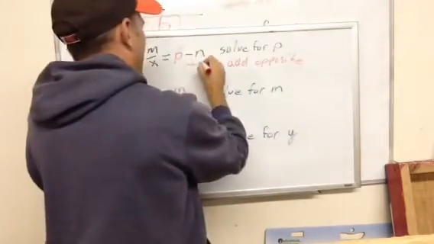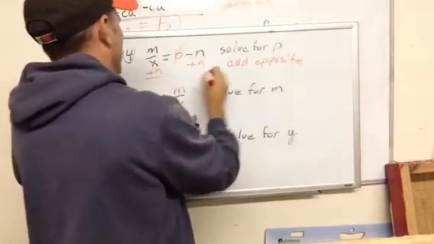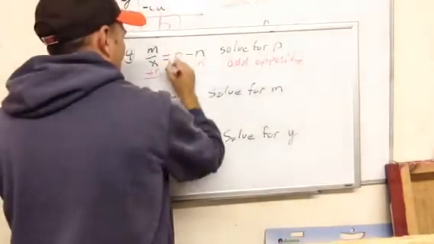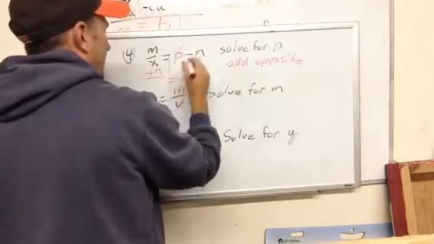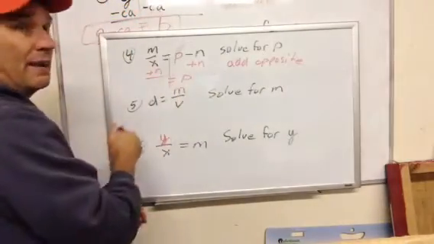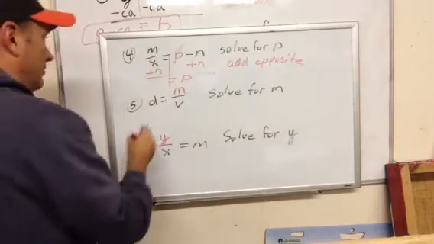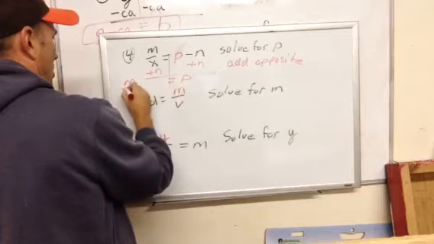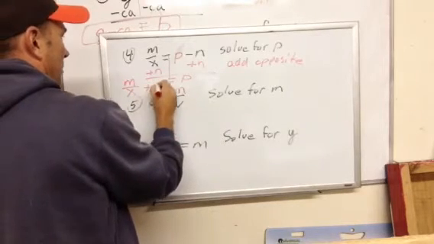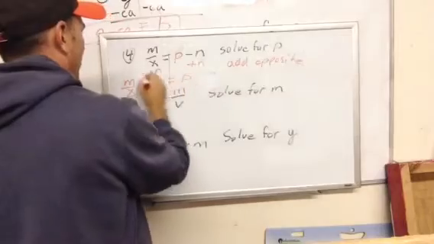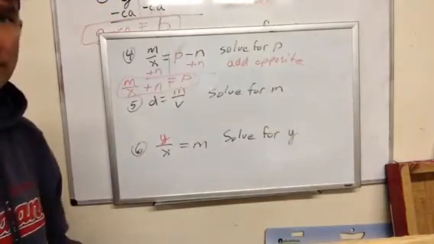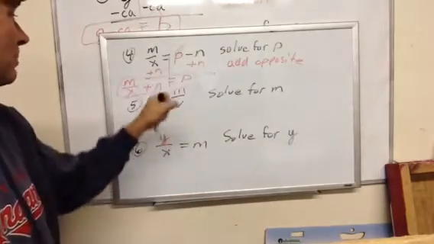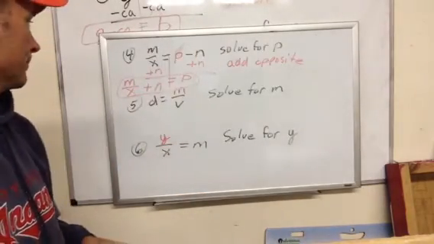So we're going to add n here and add n here. This cancels out, so again, I'm left with p on the right-hand side. On the left, I can't combine any of these, but what I can do is rewrite it: m divided by x plus n equals p. There's that answer. One step. There's only one thing being done with the p, one step to solve it.